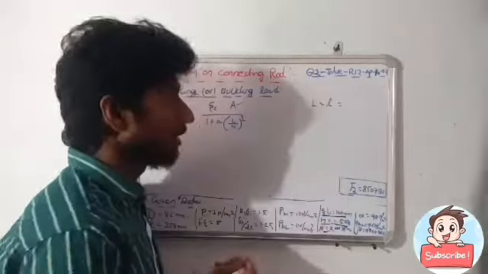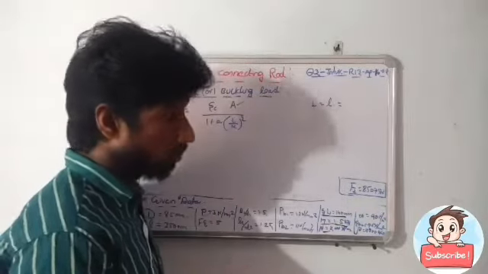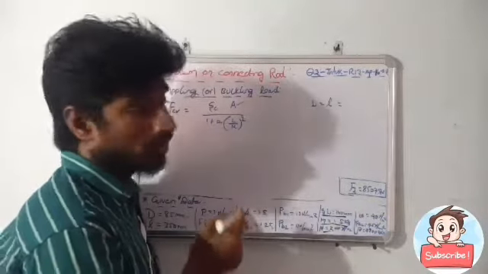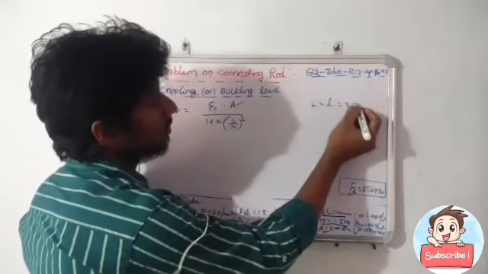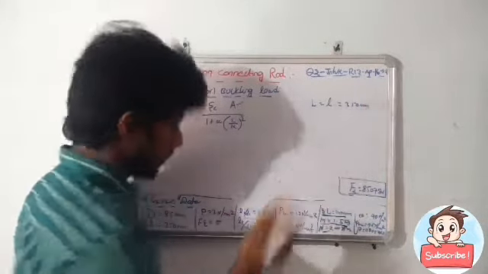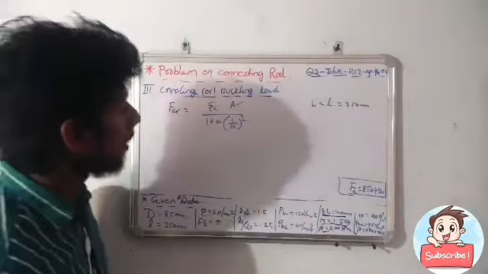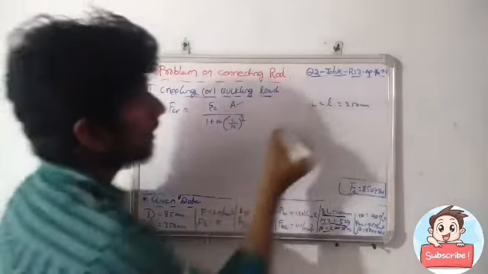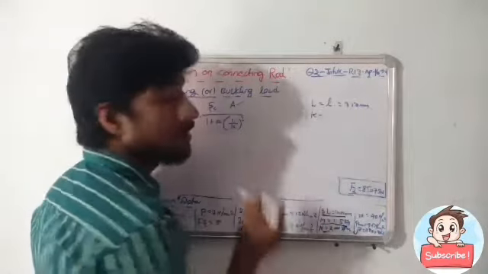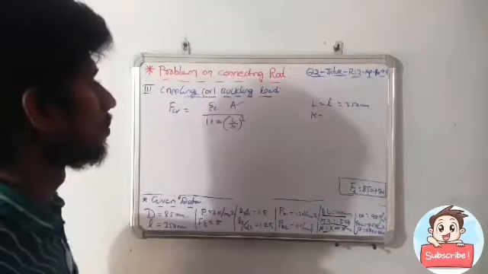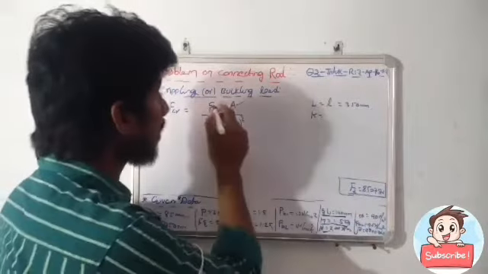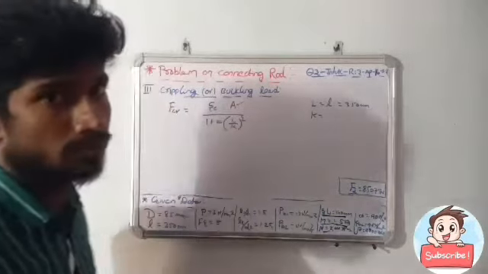That equivalent length is equal to the actual length of the connecting rod, so that is equal to 350 mm here. And K is the least radius of gyration. These are all unknown values here.